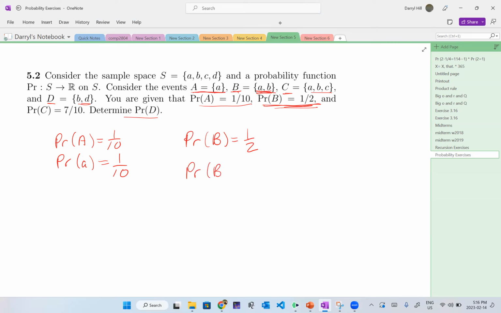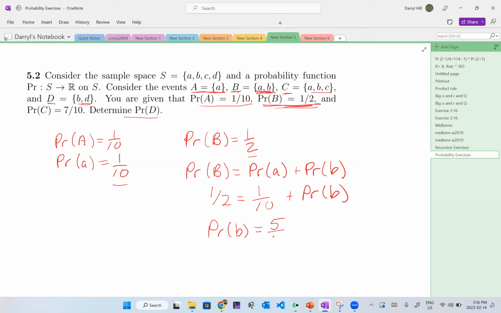So the probability of B is equal to the probability of little a plus the probability of little b. We know that little a is 1/10 and the probability of big B is 1/2, so we can plug those in and solve for the probability of little b. That is 5/10 minus 1/10, so it's equal to 4/10 or 2/5.